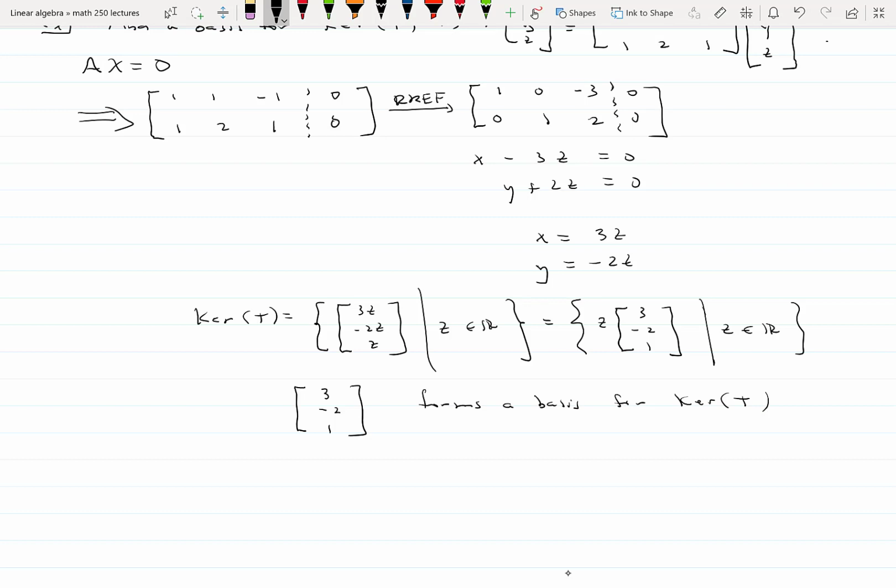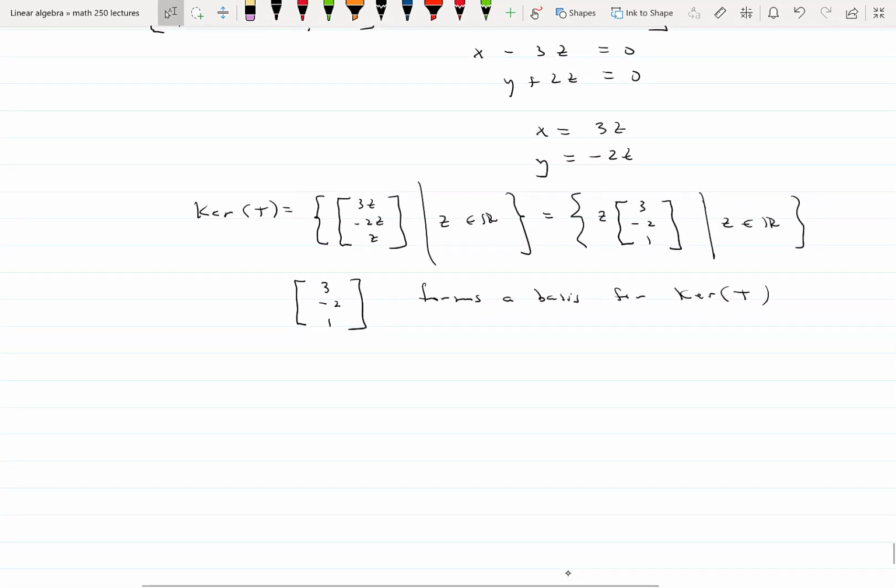What about linear independence? One vector is linearly independent. I'm thinking that's obvious, but I don't want to make too many assumptions. How do you show that a set of vectors is linearly independent? You form C1 V1 plus C2 V2 all the way up to Cn Vn, set it equal to 0, and you need all the constants to equal 0. Well, C1 V1 equals 0.